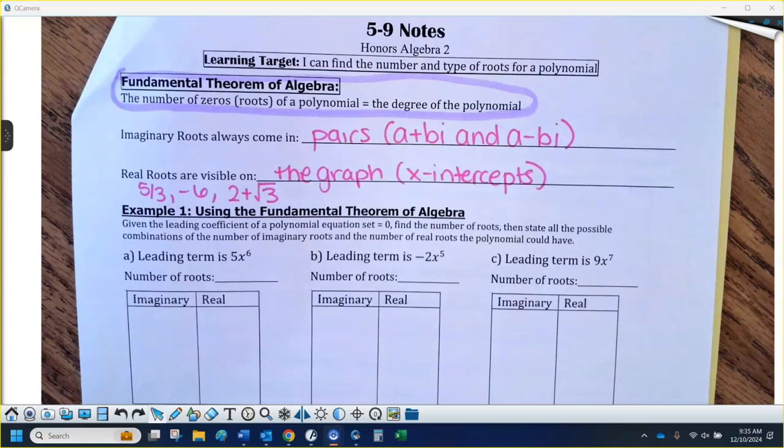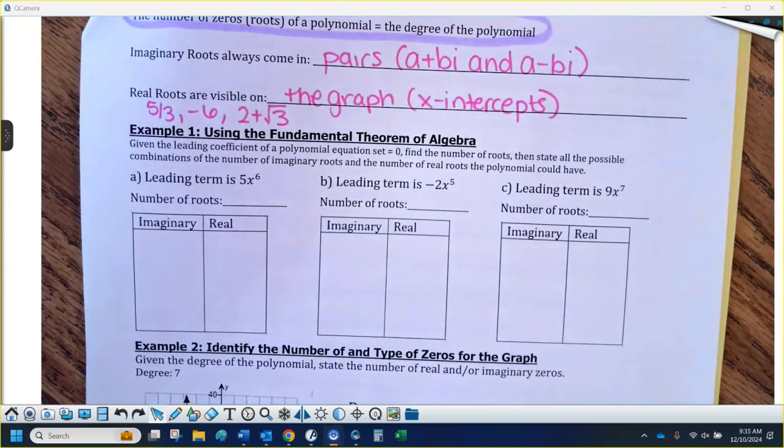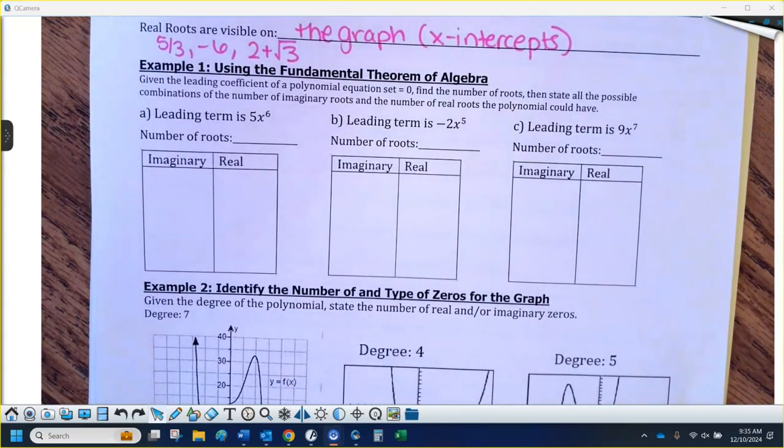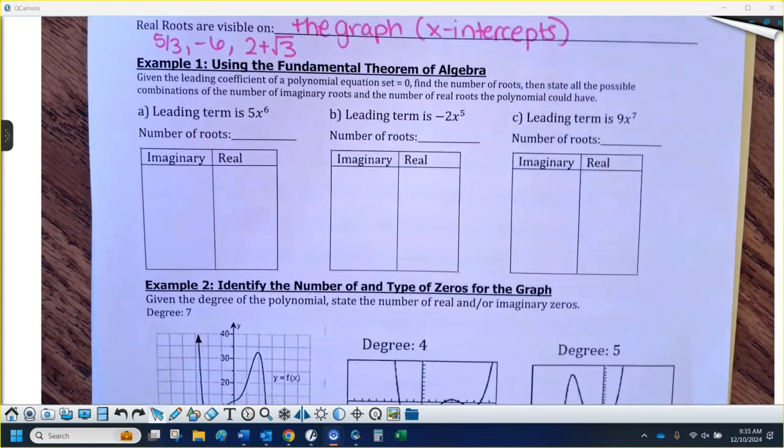Okay, now we're just going to make a little table here. I'm going to give you just the leading coefficient, or the leading term of the polynomial. So we don't have the polynomial, we can't graph it. And what we're going to do is write down all the possible ways that our solutions could shake out in terms of how many real and how many are imaginary.